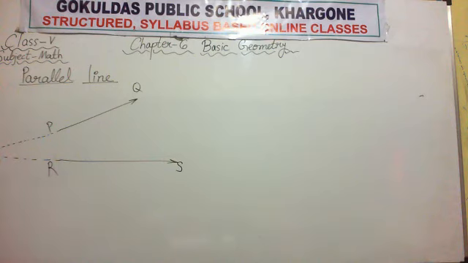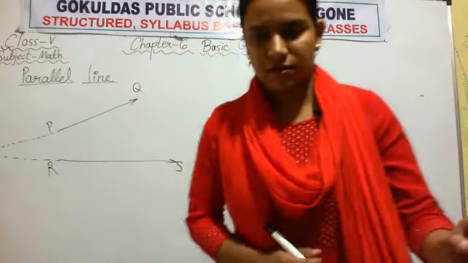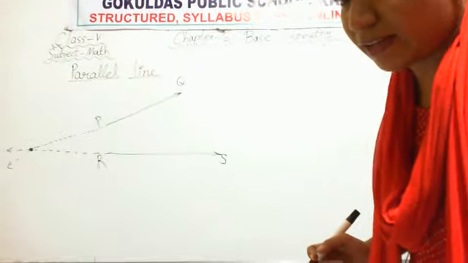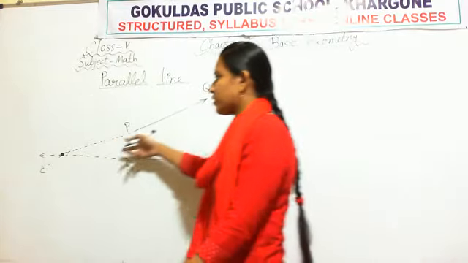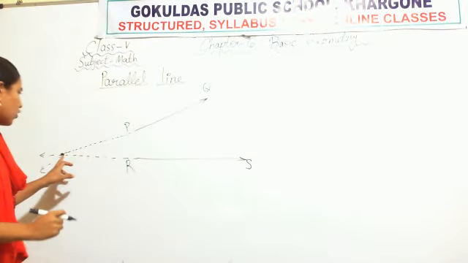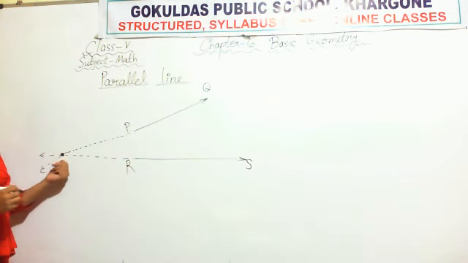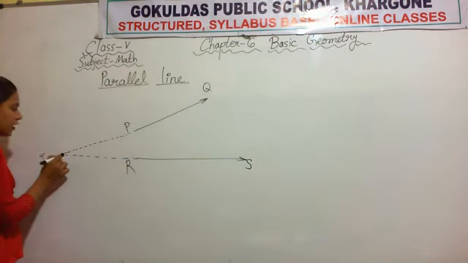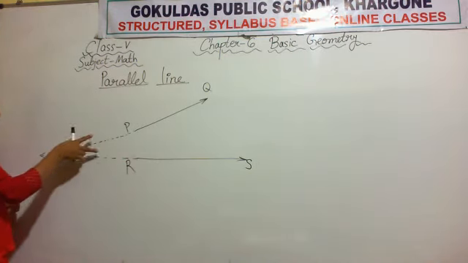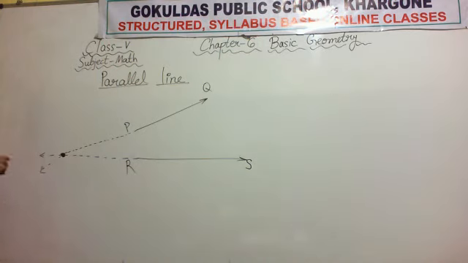Both the lines are crossing each other at a particular point. So this point is known as the intersecting or crossing point. Both the lines are crossing each other at a point, so they cannot be parallel. These two lines PQ and RS are not parallel.